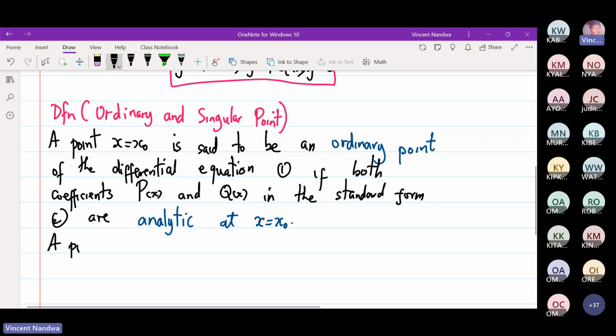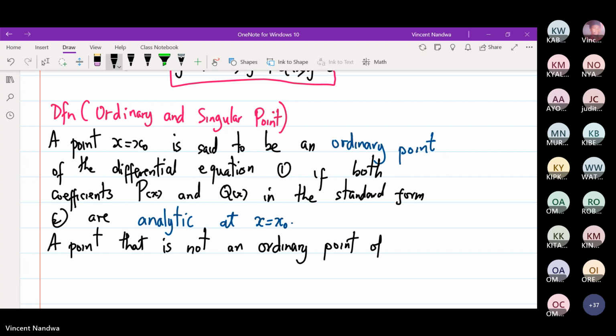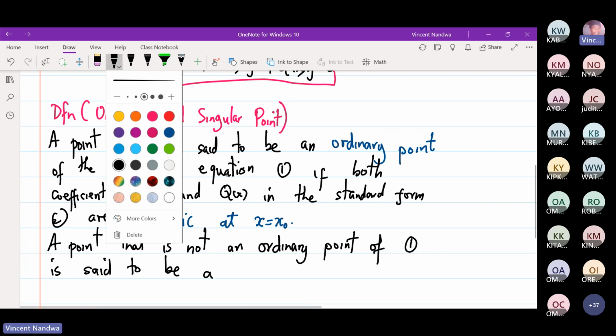Now, a point that is not an ordinary point of equation 1 is said to be a singular point of differential equation 1.